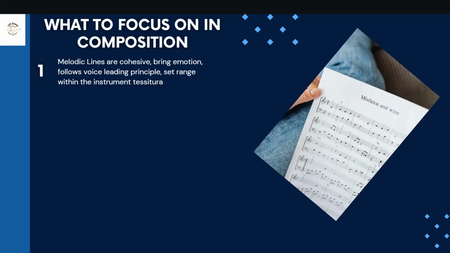Sometimes we have a tendency to write melodies based on a certain chord progression, which is fine. But sometimes, because we are restrained by having the melodic lines adapted to the chord progression, we disregard the fitness of a melodic line. The first thing I want to talk about is that a melodic line should be cohesive. What does it mean to be cohesive?